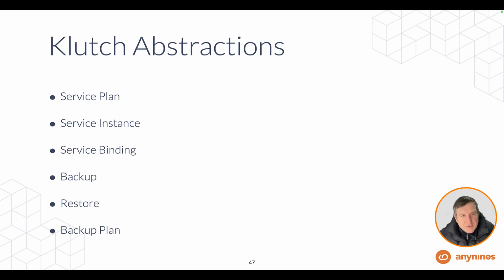The backup, restore, and backup plan abstractions have been introduced because they were lacking in the Open Service Broker API. We use those abstractions in the 89 data service for a decade now, and they work really, really well. Well, of course, not for every edge case they work exactly the same, but more or less across most of the, well, at least databases. That's a very valuable set of abstractions to have.